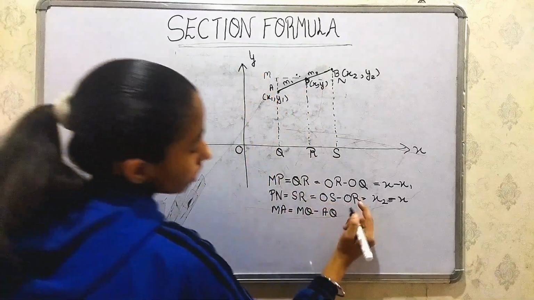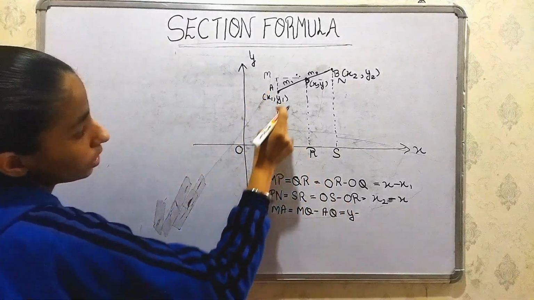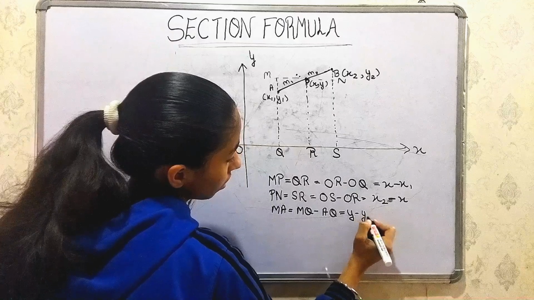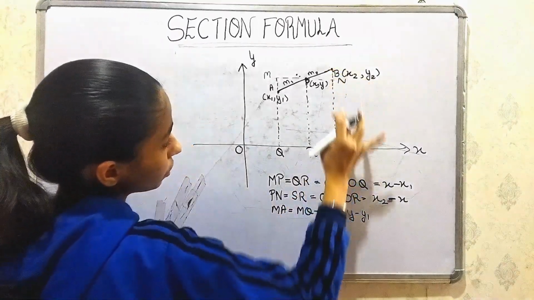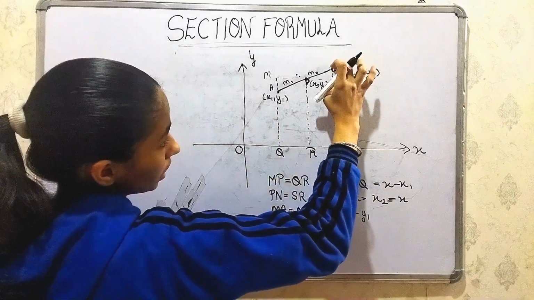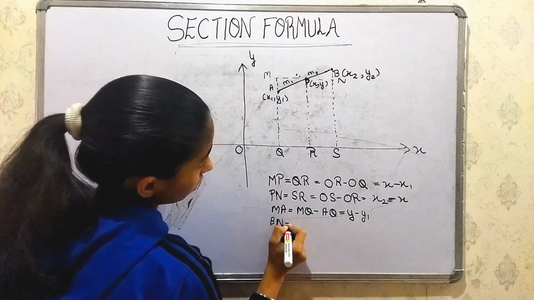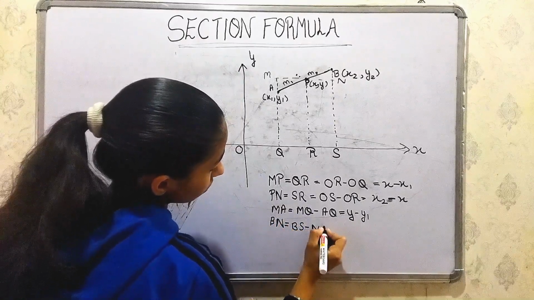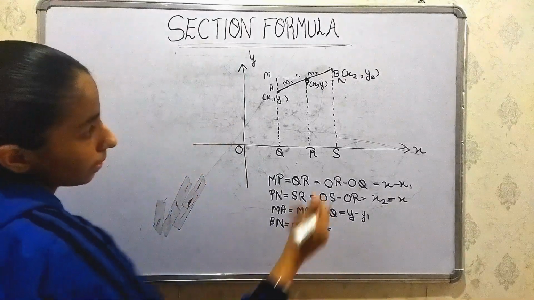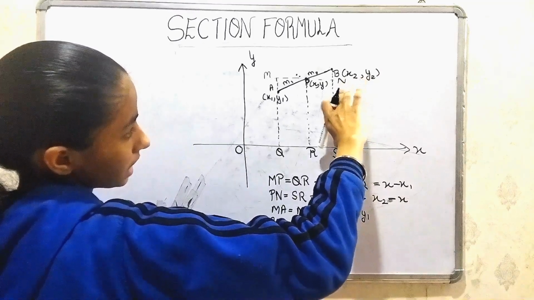So MQ is y, and what is AQ? AQ is y1. Now here also we can see that what is BN? BN is equal to BS minus NS. BS is y2 and NS is y.